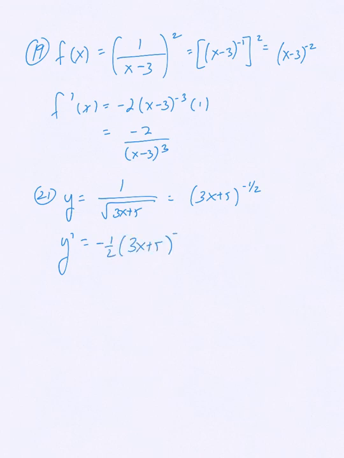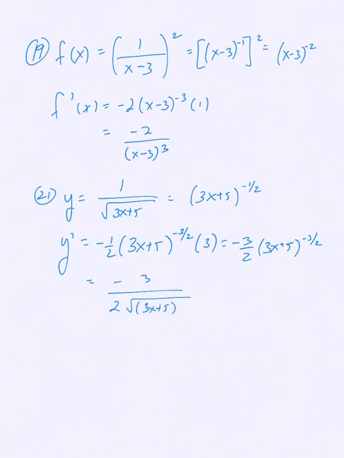All right, so negative 1/2 in front, exponent becomes negative 3/2. Then multiply by the derivative of what's inside. So we end up, this is negative 3/2 times this stuff here, and if I write it over, that's our answer. Okay, so that's 21.